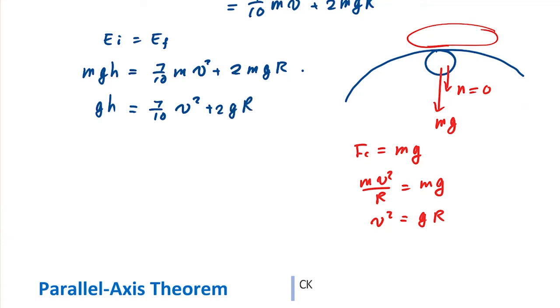Good? And then we take this v and substitute it right here. So what we have here now is gh is equal to 7/10, and then v squared is equal to gr. Right? So yes. Plus 2gr.